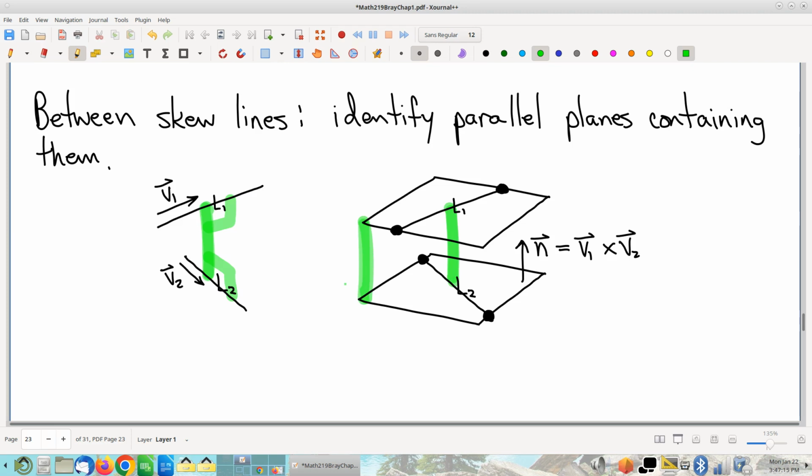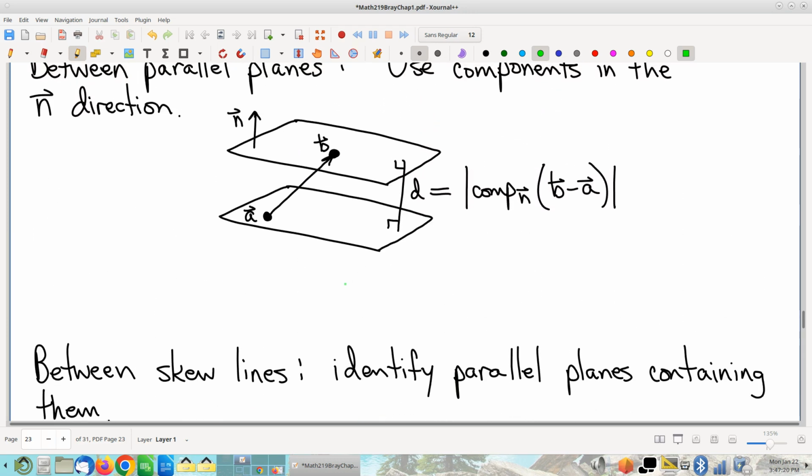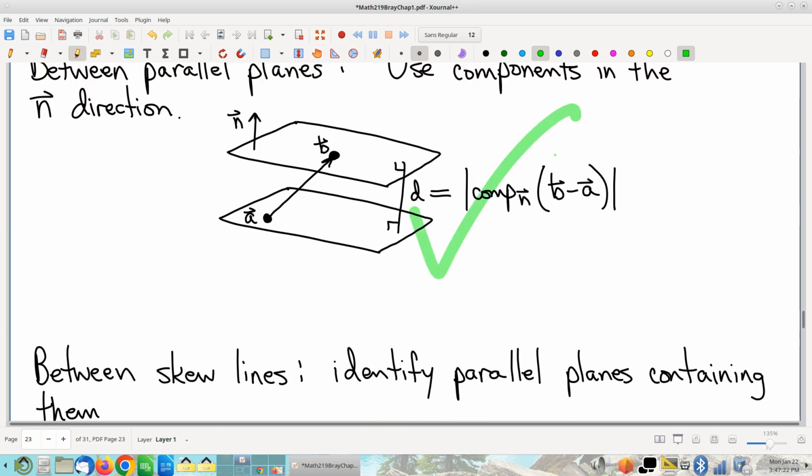Again, perpendicular on both sides. And the distance between parallel planes, we already know how to do. So this is another classic problem-solving technique in math, by the way: take a question that you're trying to solve, and turn it into a question you already know the answer to.